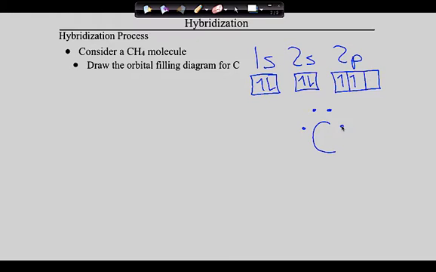Now do you understand why methane shouldn't exist? Do you see it? How many bonding sites does carbon have as an element? 2. We've got a bonding site here, because remember, we're talking covalent bonds, and covalent bonds involve sharing. Carbon can share these 2 electrons. Why can it not share its S electrons?